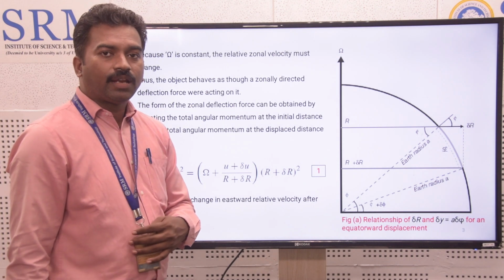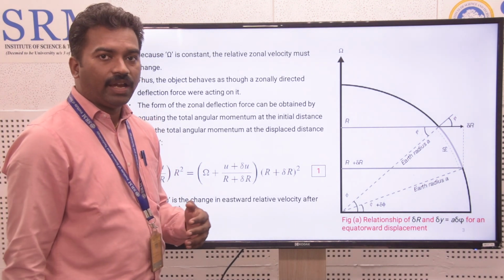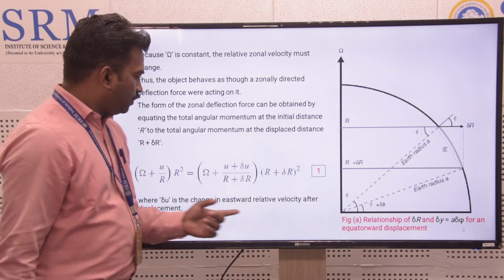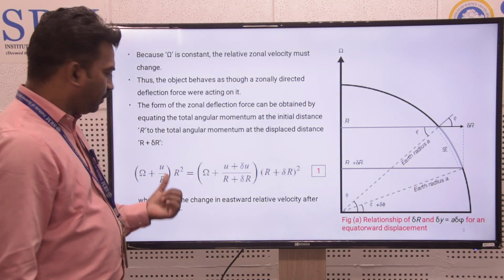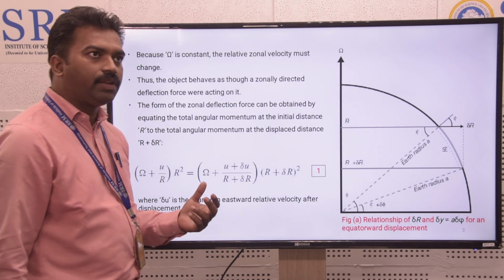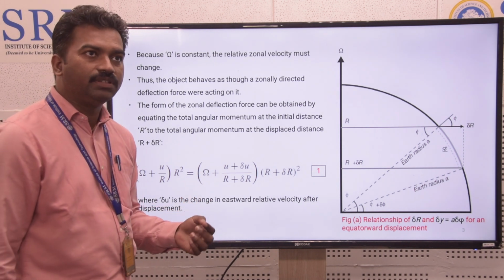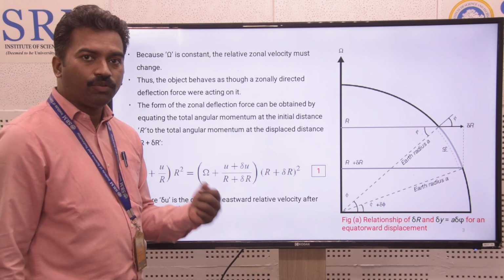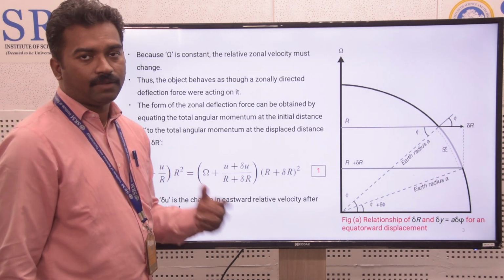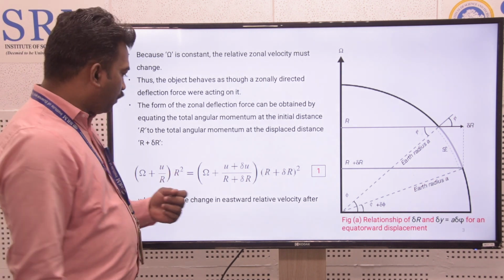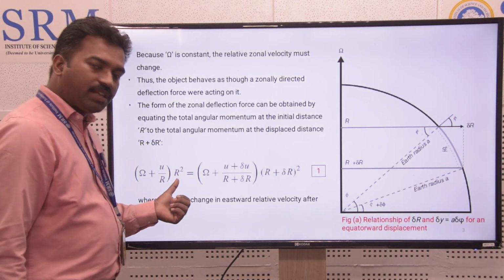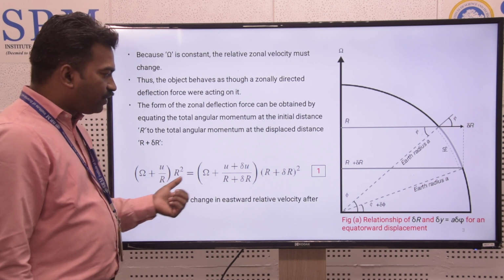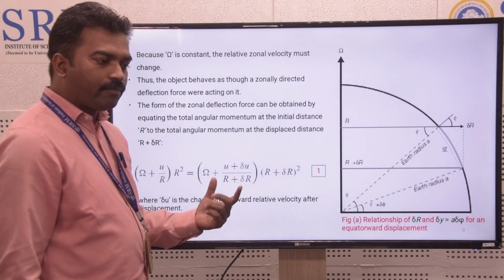So let us try to understand how the angular momentum is conserved. We know well the formula of angular momentum, which is given by m r square omega. Since we are discussing with respect to unit mass, we will write r square omega. So r square, and in place of omega we are writing omega plus u by r, which must be equal to the following.